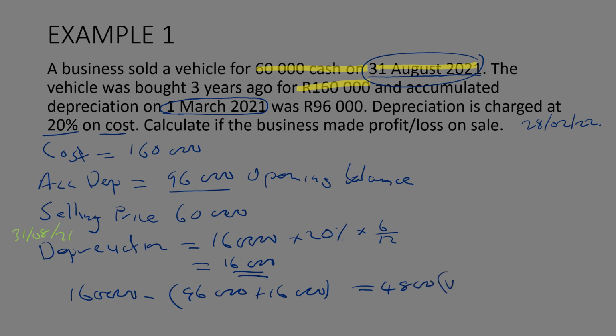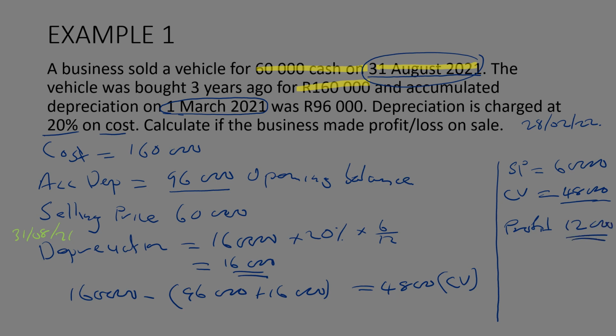So this is our carrying value. Right. And the vehicle, if you are following, sold at the selling price of 60,000. Carrying value 48,000. That means there's a profit on sale of 12,000.